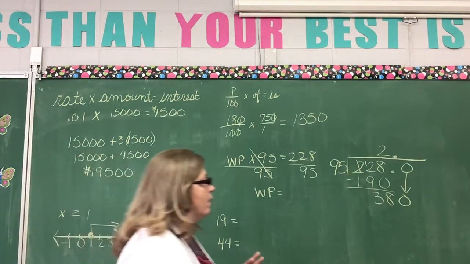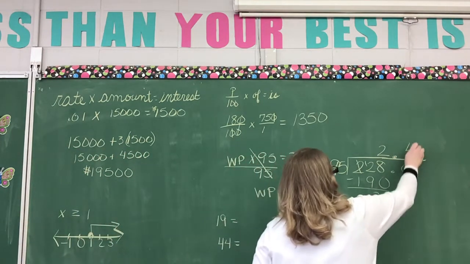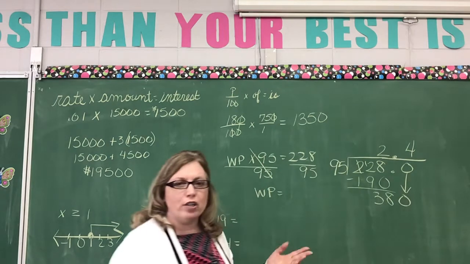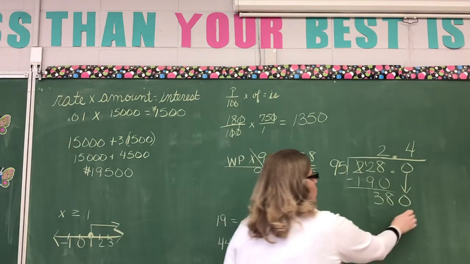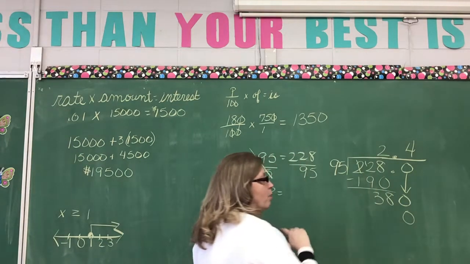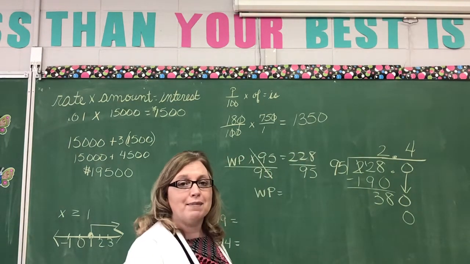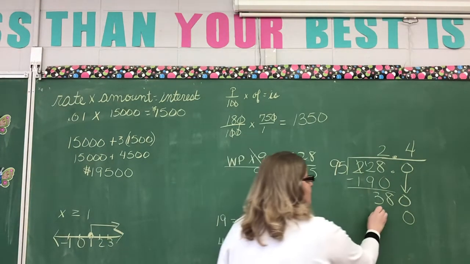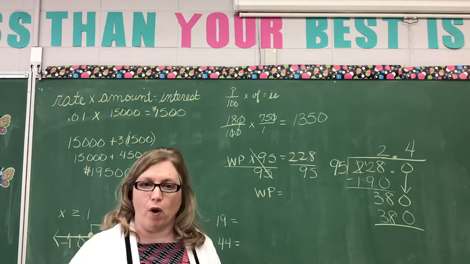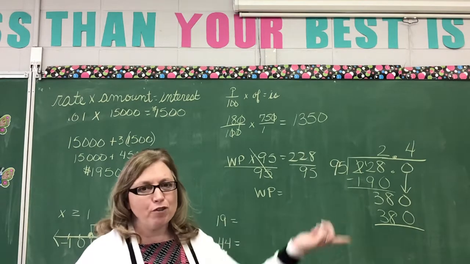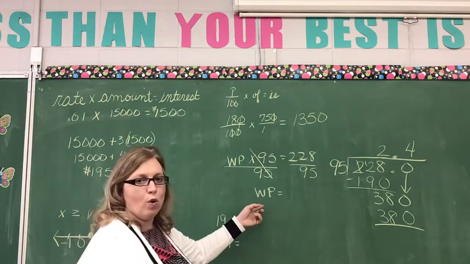Let's try 4, okay? Because 4 times 9 is 36, so that gets us in the general vicinity. 4 times 5 is 20, put our 0 down to carry the 2. 4 times 9 plus the 2 I carried gives me 38. Okay, so my answer is 2.4, except I have to write it as a percent because that's my question.